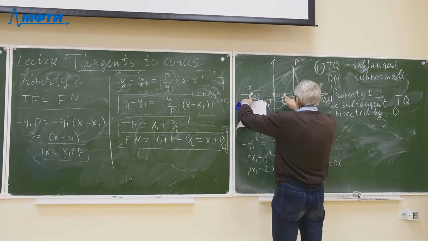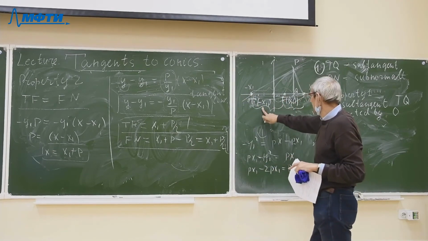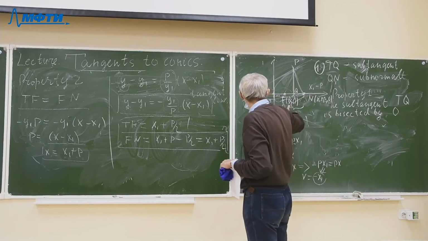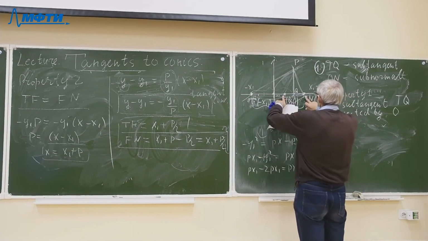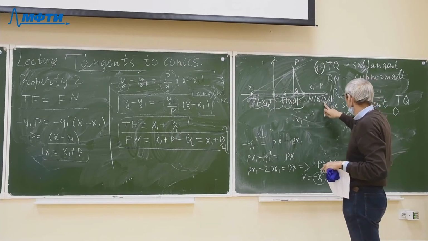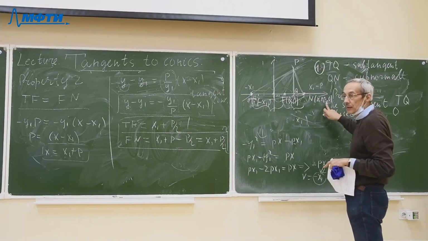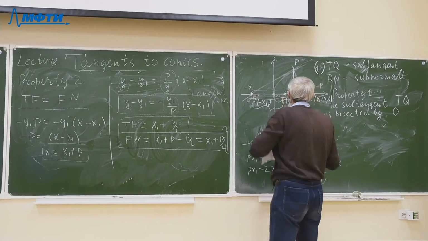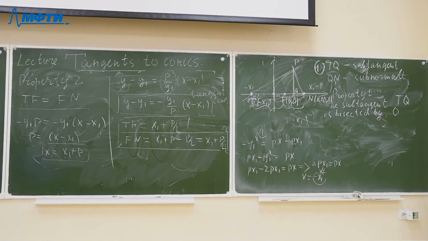After that, it is easy to calculate this difference: p divided by 2 plus x1. And this distance can be calculated the same way: x1 plus p minus p divided by 2, and we obtain x1 plus p divided by 2. And we obtain that these distances are equal. Do you understand? Yes? Yes, thank you.